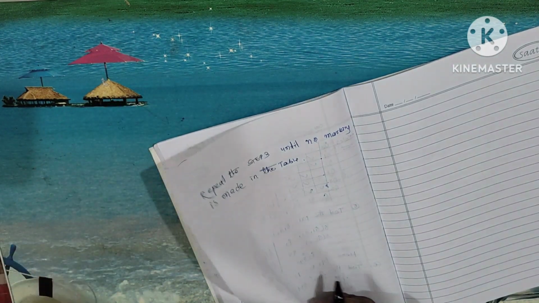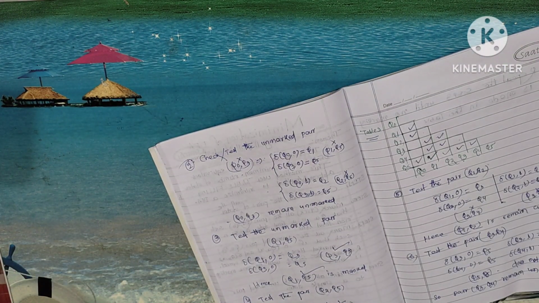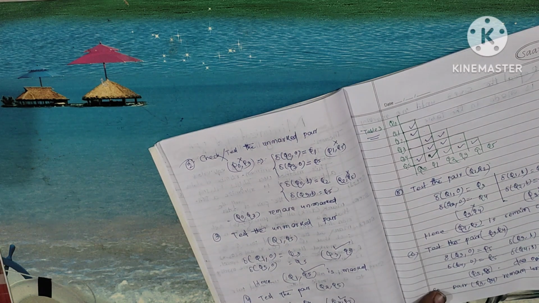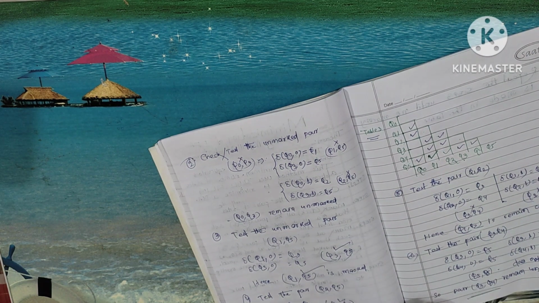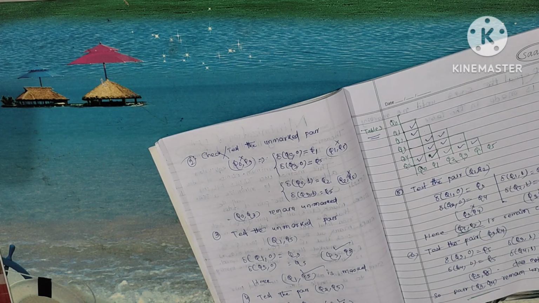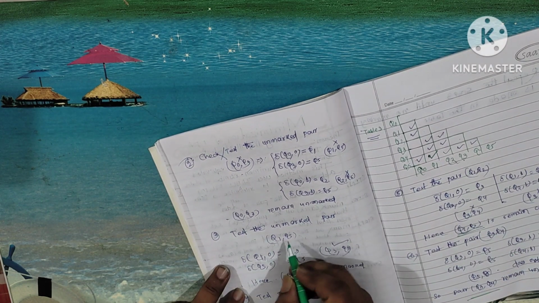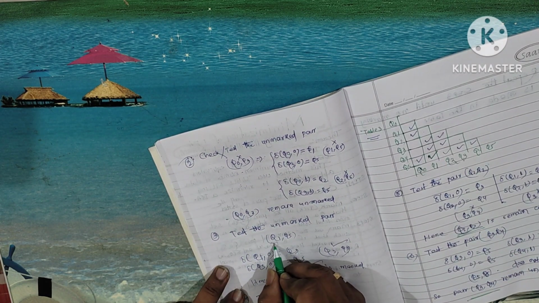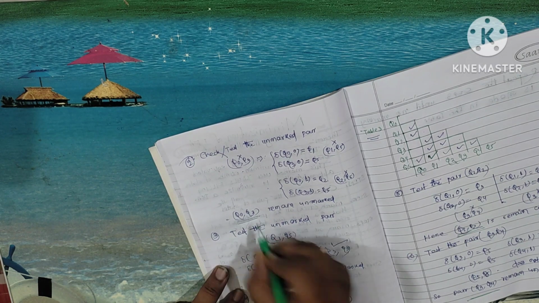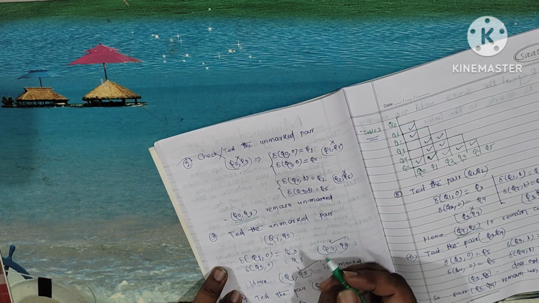Then which are all left out here? We can say that this is left out, this one is left out, Q1, Q5 is left out, Q0, Q3 is left out.